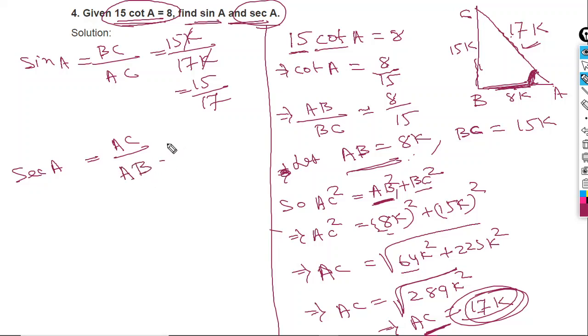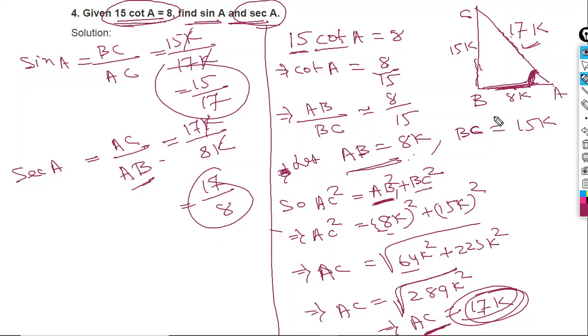AC by AB, length of AC is 17K and length of AB is 8K. Now K cancels, answer will be 17 by 8. So this is the answer.